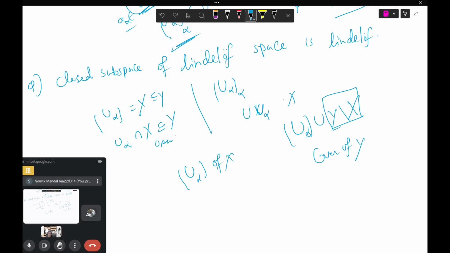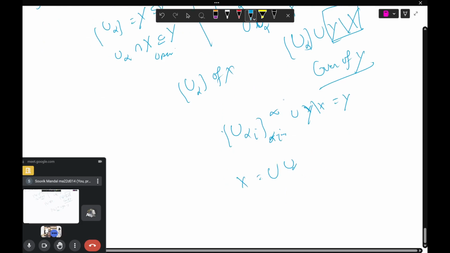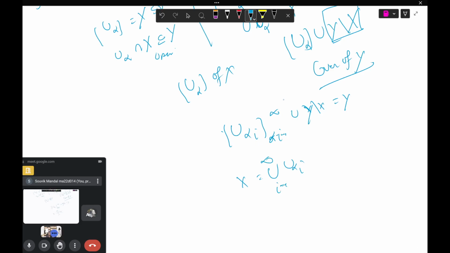Now Y is Lindelof, so with a countable subcollection U alpha i, i equal to 1 to infinity, union Y minus X, this covers Y. So obviously X is this portion, correct? So this is the argument, understand?